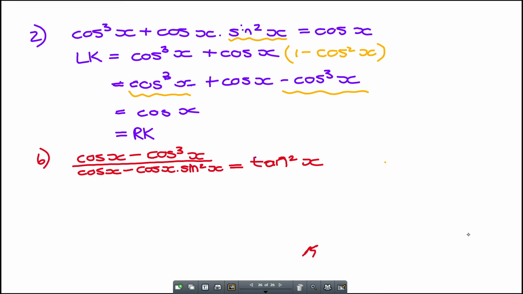No. Right. So are we working with left or right? We work with the left.